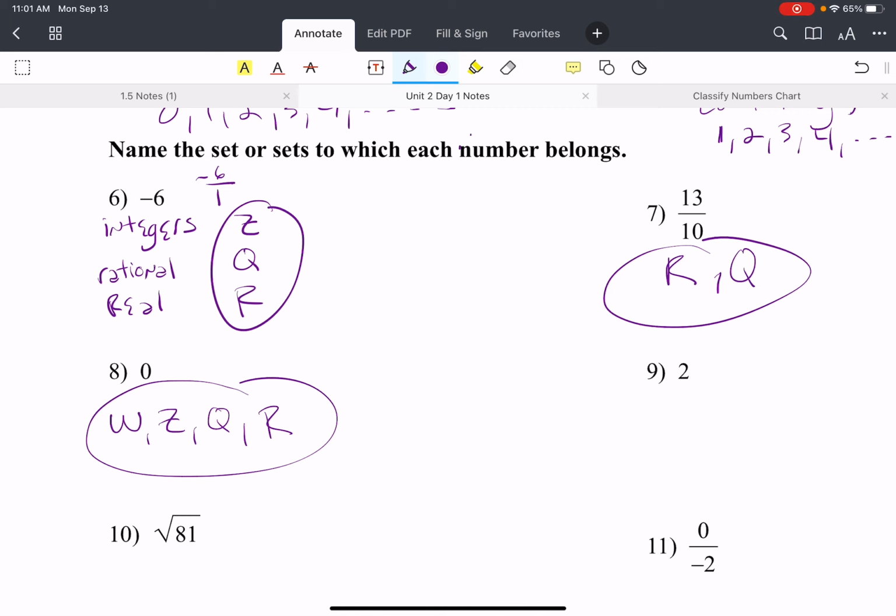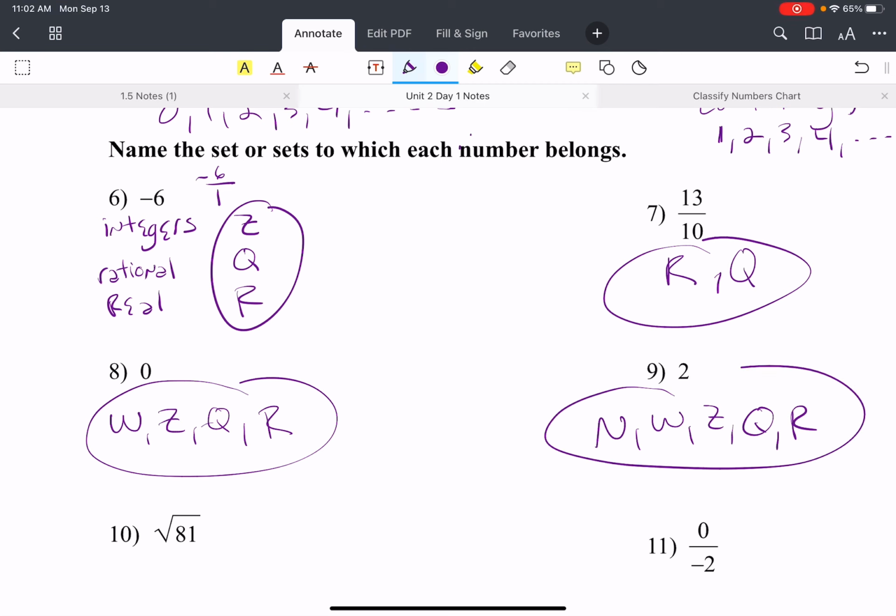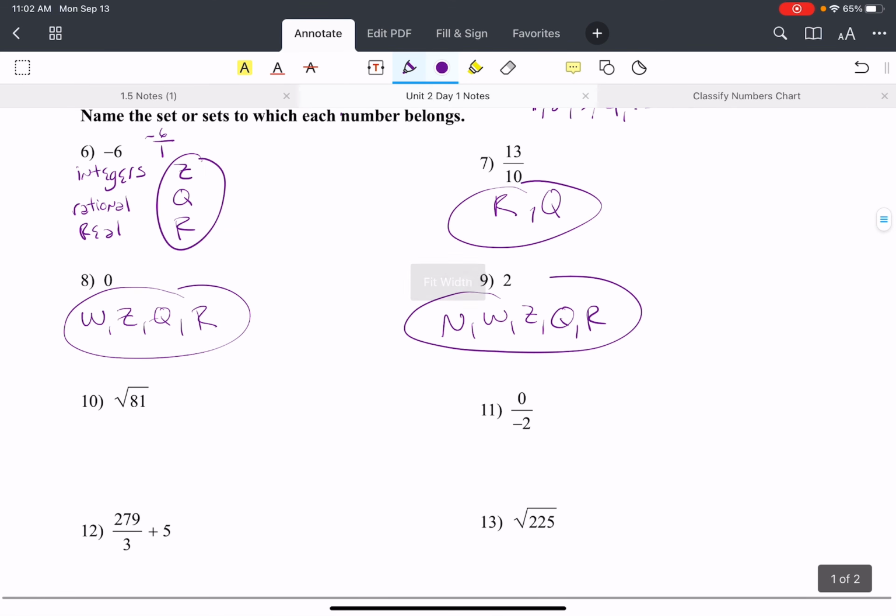So if I know that it's a Z and a W and an R, then I know it also has to be the Q, right? Okay. And then on this one, it's N, W, Z, Q, R. Anyone get that one right? Yay. Okay. Questions?